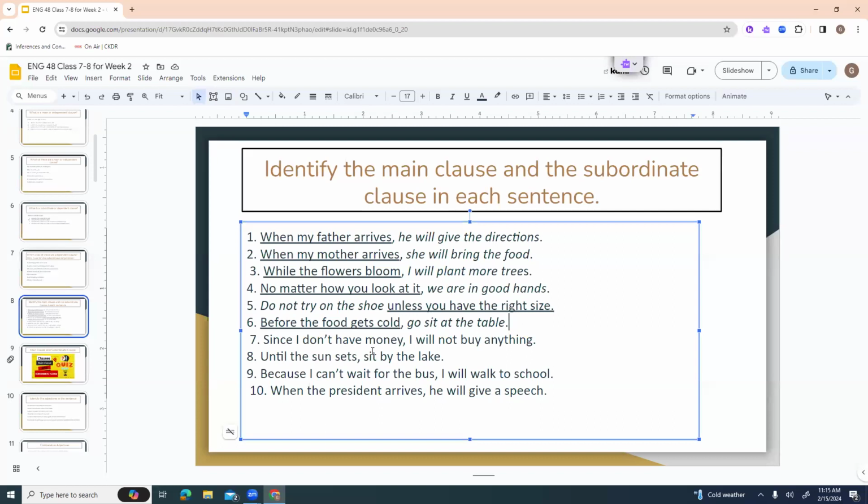The tricky part is, unfortunately, the subordinate conjunction can come at the very beginning of the sentence instead of the middle of the sentence where it's more obvious. So if you weren't noticing that part, somebody reading this quickly might think, oh, but she did just join two sentences using a comma, but it's not.